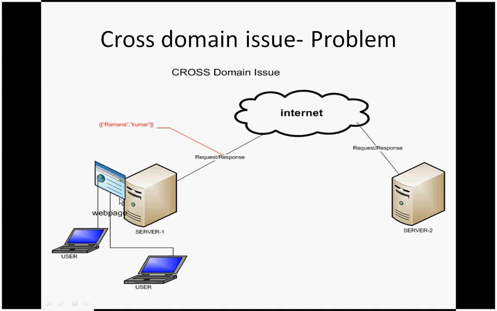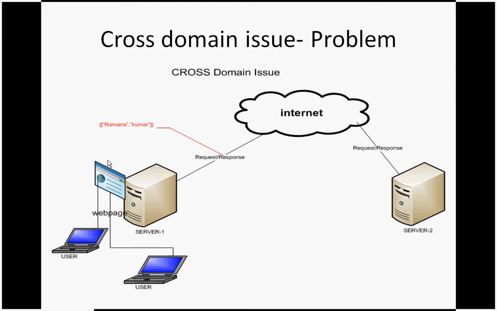So the web page from server 1 is requesting the server 2 REST-based services through jQuery. When server 2 sends a response in JSON format, server 1 will reject it, because server 1's domain policies restrict data from another domain. The policies have some restrictions and do not allow data from other domains.